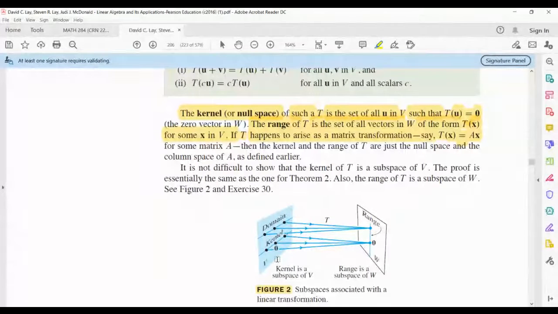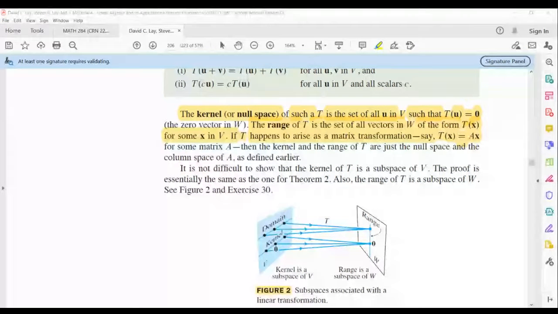The vectors in the kernel have to be mapped to the zero vector, while any vector in the domain is mapped into the range in W, which is at least as large as the zero vector. I find these little diagrams helpful. I don't know about you.